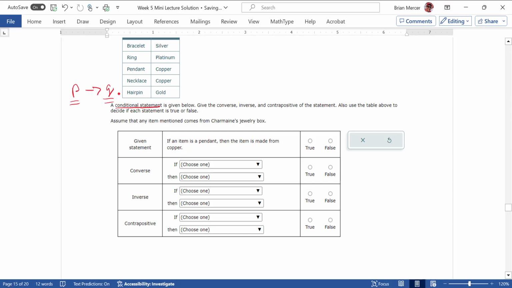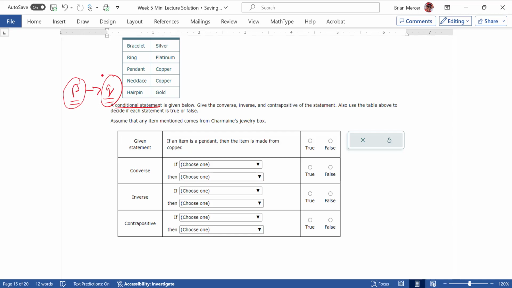I think of that as like consequence, something that comes as a result of something else. So the thing that you're supposing, the if part, this P in this case, that's what we call the antecedent. The Q, the thing that follows as a result of whatever it is you're supposing, that's the consequent.